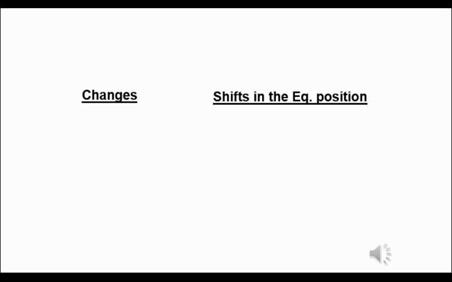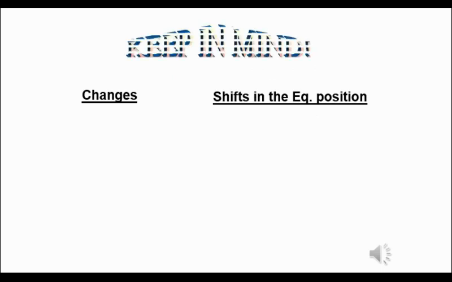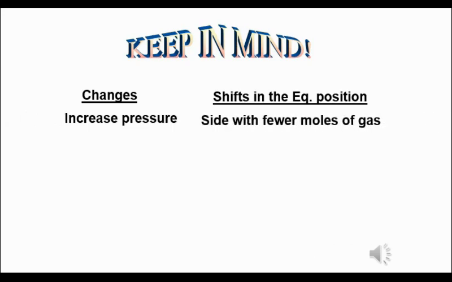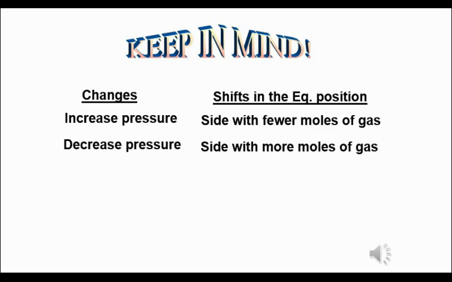Here is the summary of changing pressure in a gaseous system. If we increase the pressure, the equilibrium position will shift to the side with fewer moles of gas. If we decrease the pressure, it will shift to the side with more moles of gas.